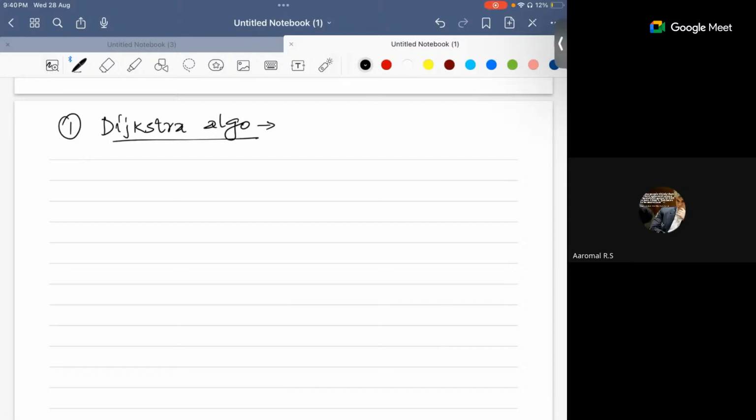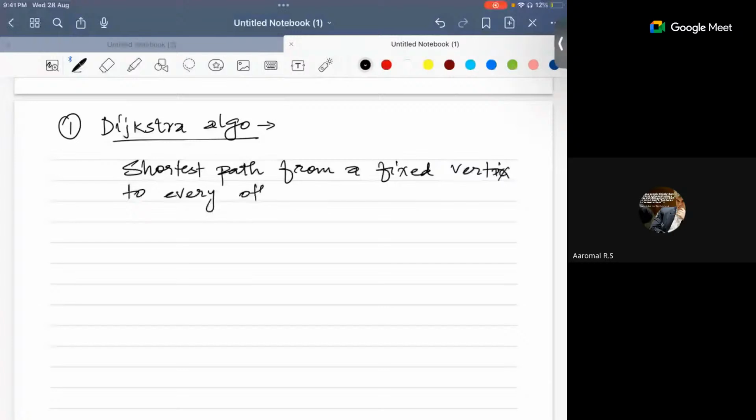This is used to find the shortest path from a fixed vertex to every other vertex in the graph.